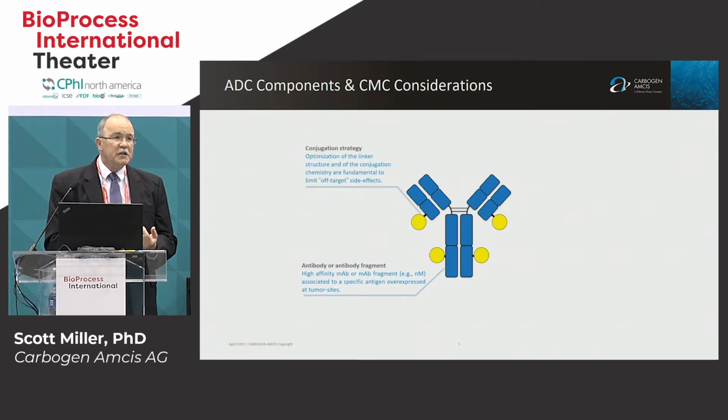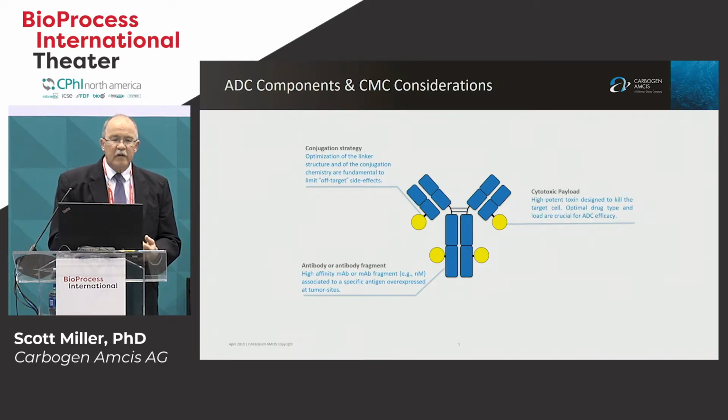You have a conjugation strategy that you have to think about. How is it being coupled? The linker is very important. Early history of this showed some failures in development where the linker selection was inappropriate. And then finally, of course, you have the payload, the toxin linker, highly potent, and it has to be suitable for the indication that you're targeting.